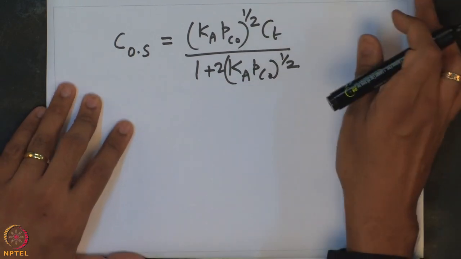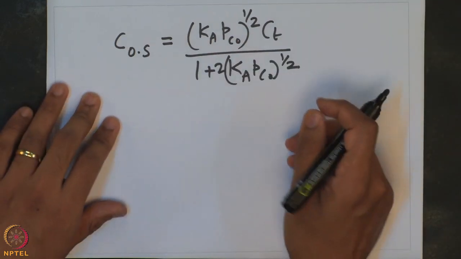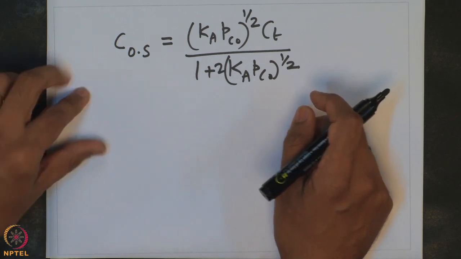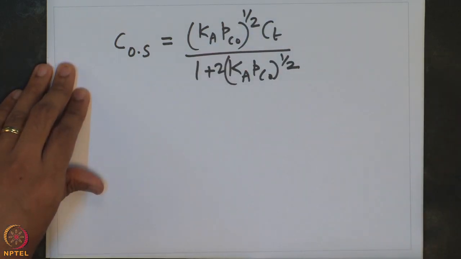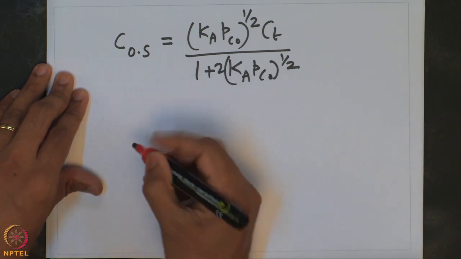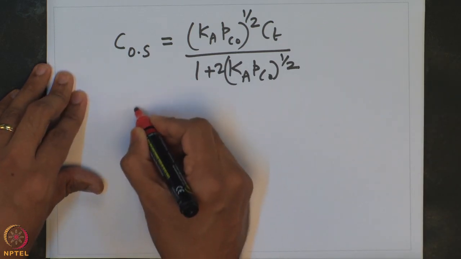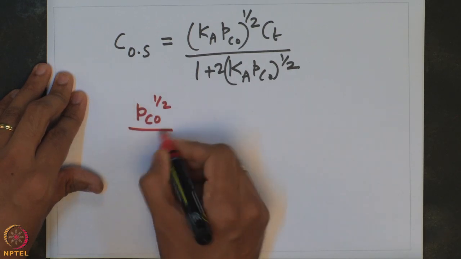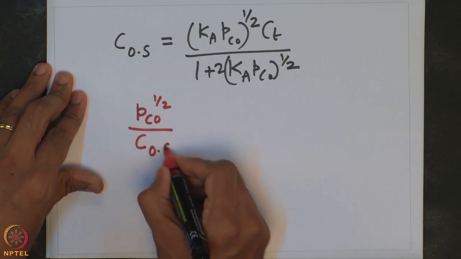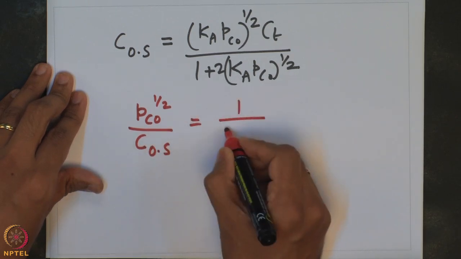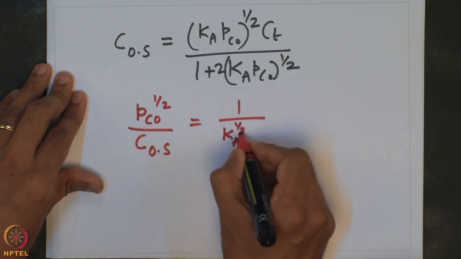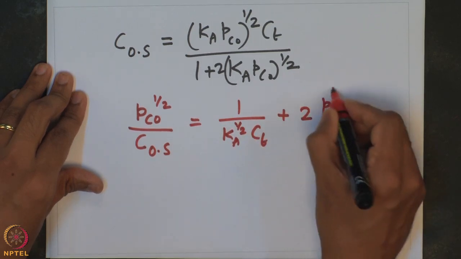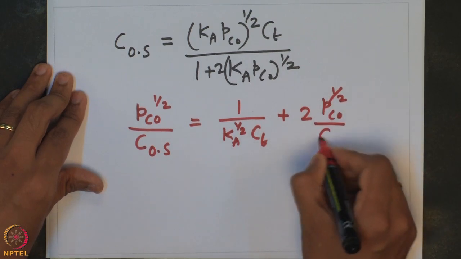So, once again I can modify this equation to bring it into a linear fitting form, and the way to do that is I once again take an inverse. If I take an inverse, it will reduce to the form PCO to the power of half divided by CO·S is equal to 1 by Ka to the power of half into Ct plus 2 times PCO to the power of half divided by Ct.